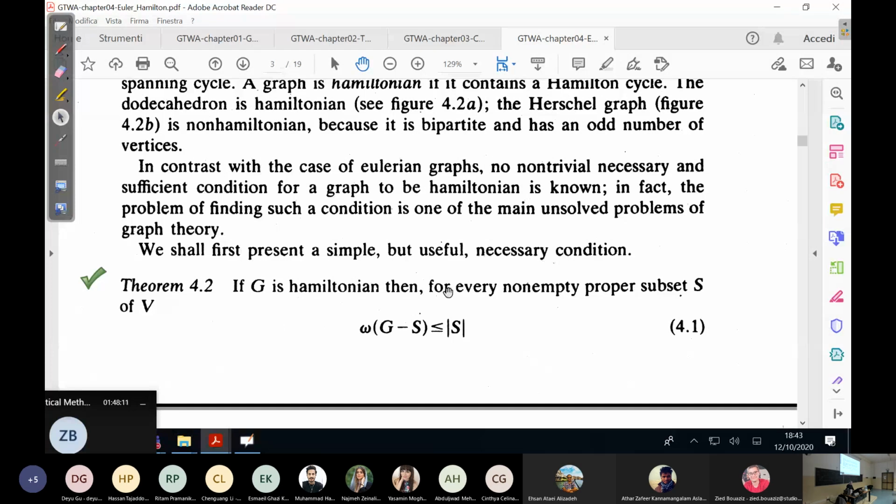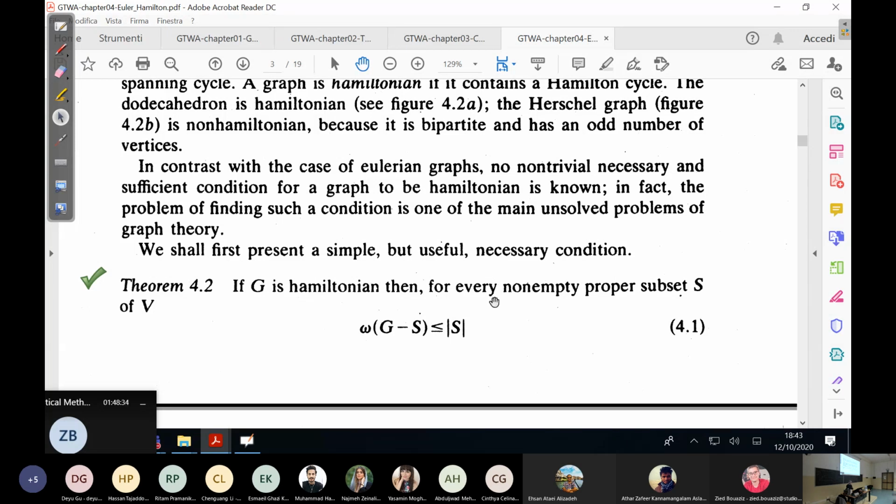If G is Hamiltonian, then for every non-empty proper subset S of V, the number of components of G in which you have deleted the vertices of S is less than or equal to the number of vertices of S itself.